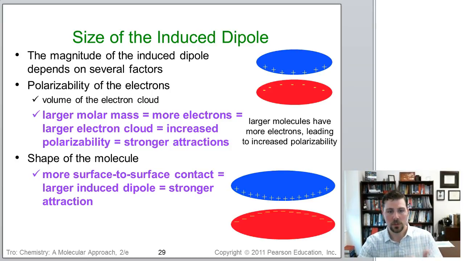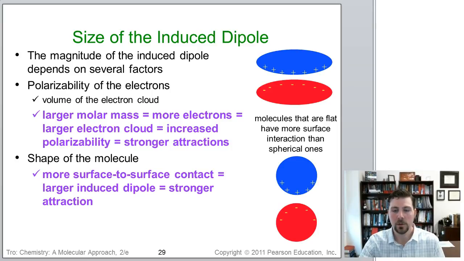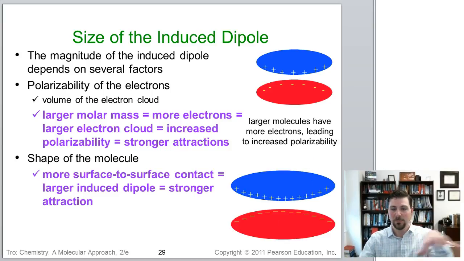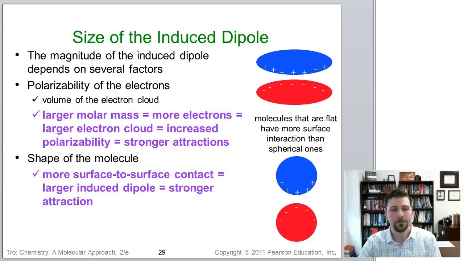So larger molecule, larger molar mass, more electrons, greater dispersion force, or more spread out, larger surface area, therefore larger dispersion force. So imagine two molecules that are spherical here, and there's only like one place they can interact compared to the situation before where they were flat and spread out. There's a lot of places to interact there, and so that leads to a greater dispersion force in general.